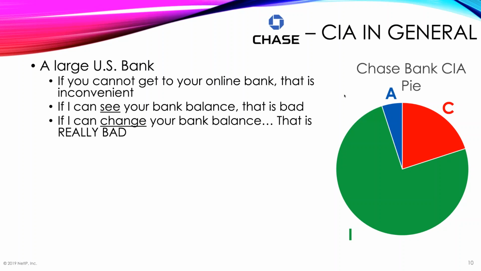Now we should understand how a bank protects that integrity. Your online bank, hopefully, has some good authentication procedures to make sure that only you can get into your bank account. Now, authentication is normally thought of as more of a confidentiality measure. I authenticate my users to keep other people off my network so they can't see my stuff. If you talk to most security folks, they would immediately tell you, yeah, authentication is about confidentiality.